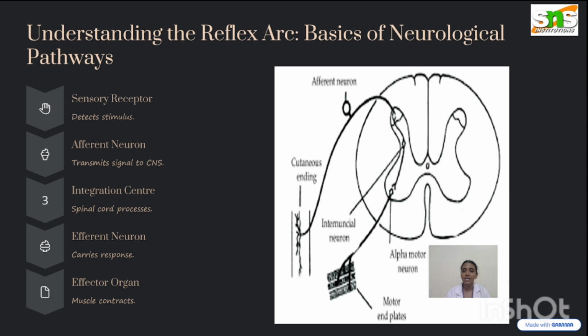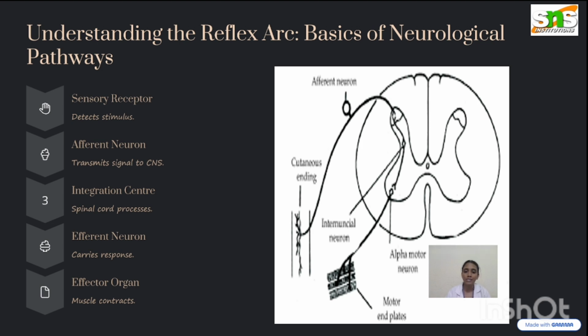then it is sent to the central nervous system. The central nervous system recognizes what kind of stimulus it is, then the stimulus is processed, and the signal is carried from the central nervous system to the motor system through the efferent neuron. The efferent neuron carries the response from the central nervous system to the motor system.